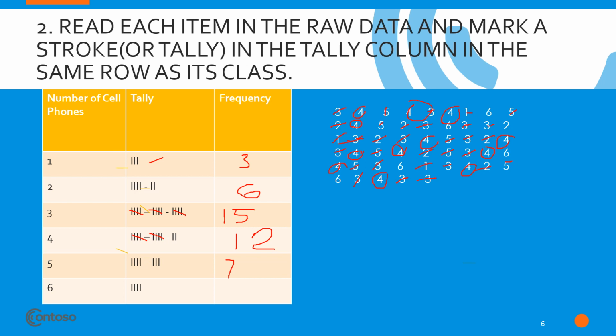Then for 6, we have 1, 2, 3, 4. There are more here: 1, 2, 3, 4, 5, 6, 7.